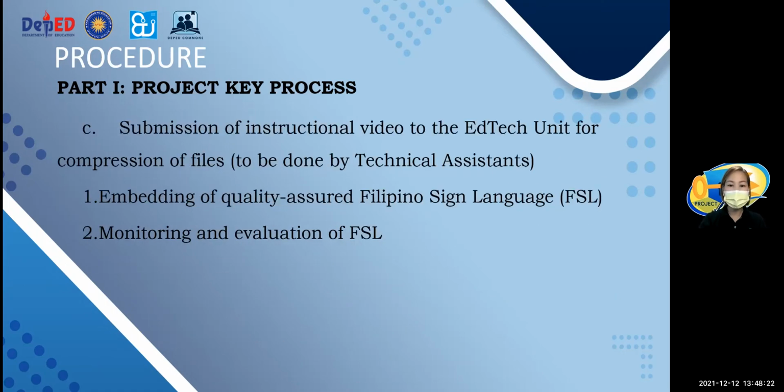So going back, the good thing of this innovation is that we have our tutor as the one who is going to facilitate with the given electronic module. But of course, we also consider the Filipino Sign Language because we also want to cater to our students.